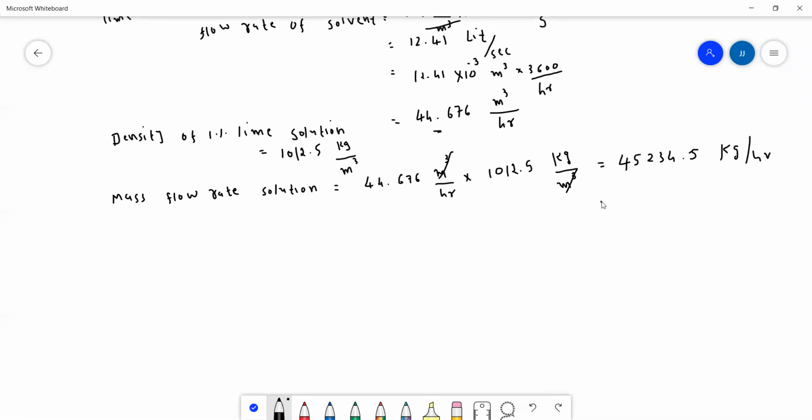So convert into kg per second: 45234.5 divided by 3600.